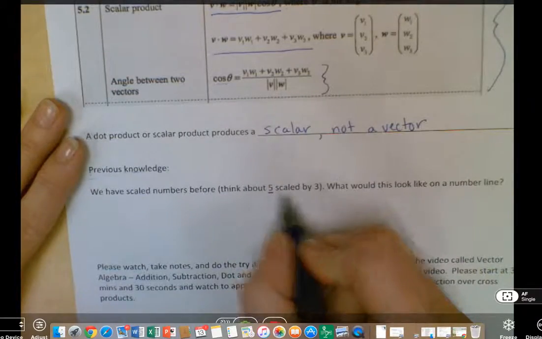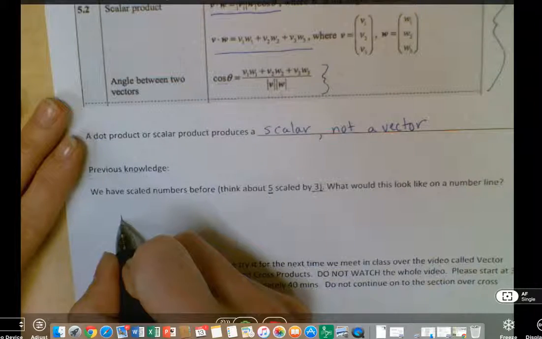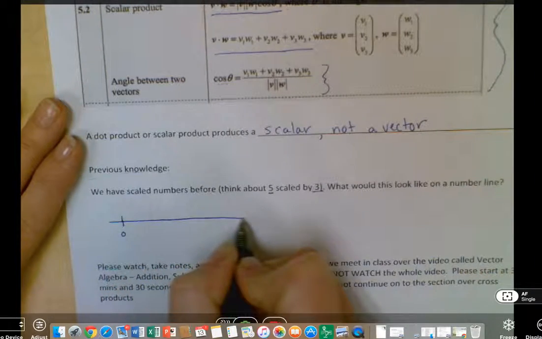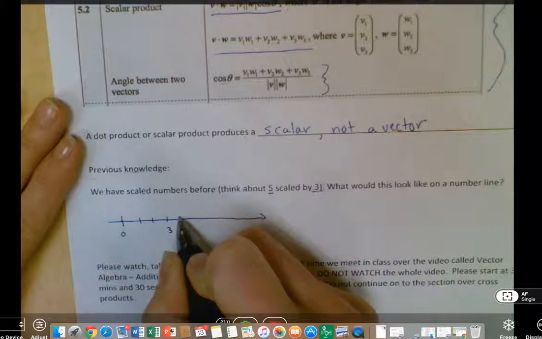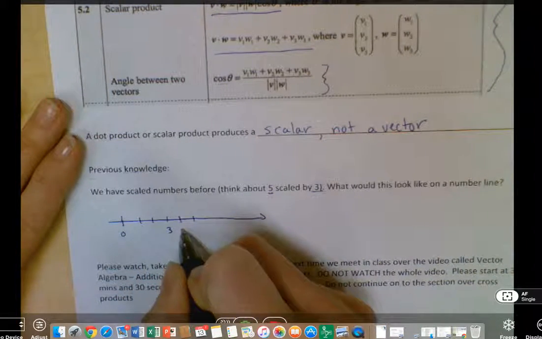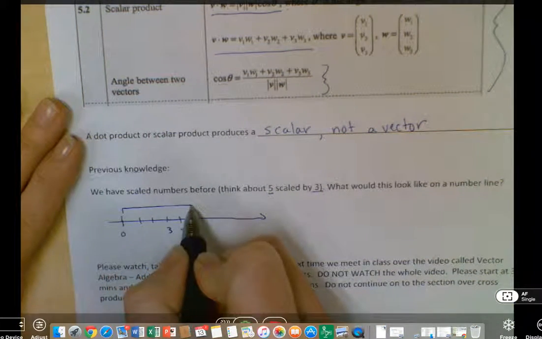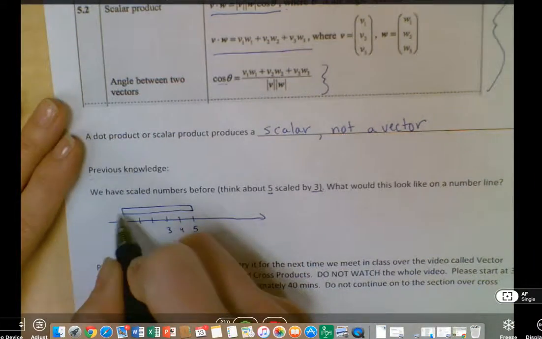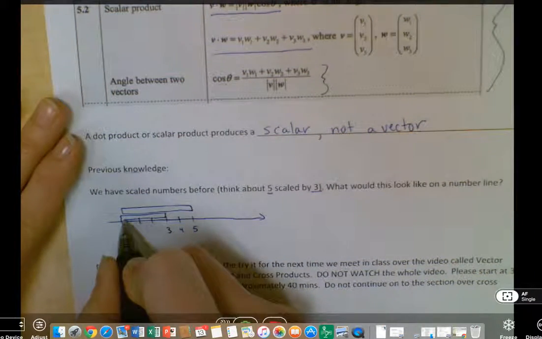So if I said, what is 5 scaled by 3 or 3 scaled by 5, I could say that here are my two numbers, and they live on the number line. 1, 2, 3, 4, 5. Okay, and I'm going to take a measure of 5, and I'm going to scale it by a measure of 3.